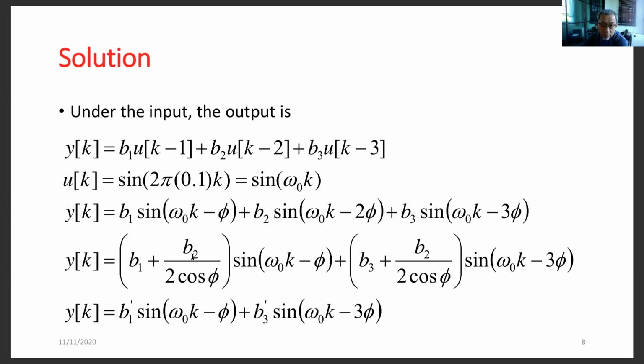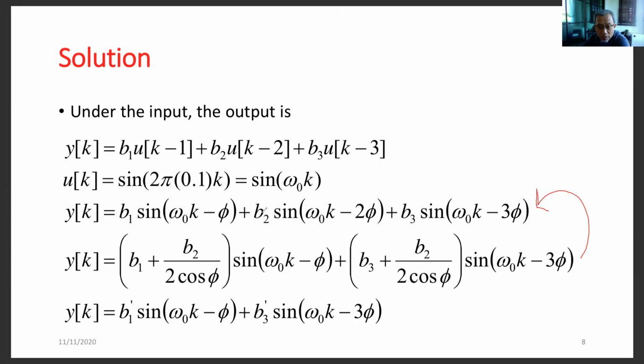Therefore, when we simplify this y_k, it becomes (b1 plus b2 over 2) cos(psi) sin(omega naught k minus psi), and plus (b3 plus b2 over 2) cos(psi) sin(omega naught k minus 3 psi). If you open this sine, you can derive back the equation as before.